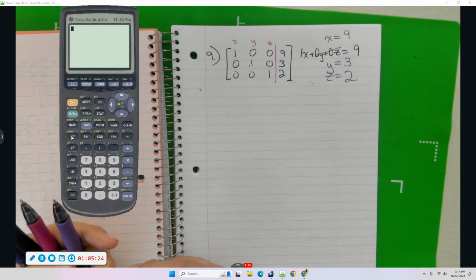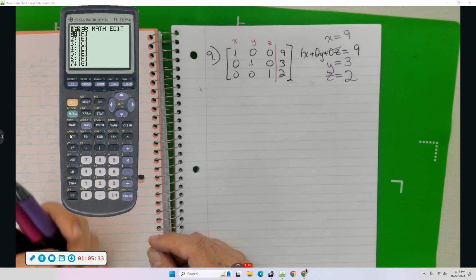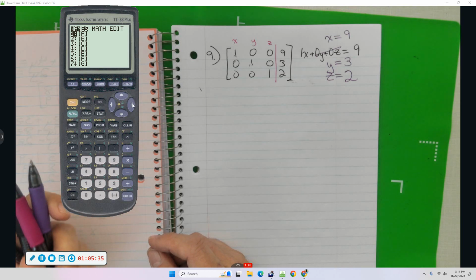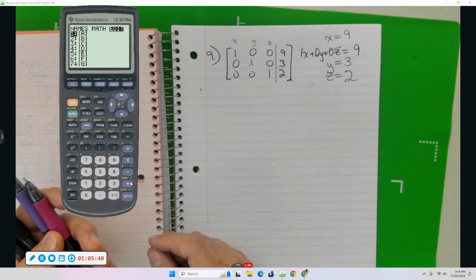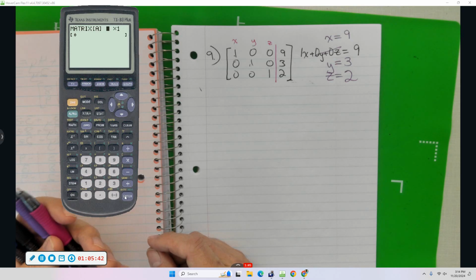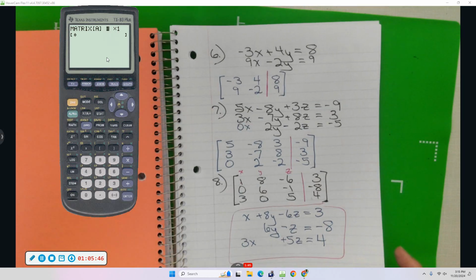Matrix is right there, right underneath the math key. So go second matrix. Notice it's in yellow. There you have to set up a name, and edit.